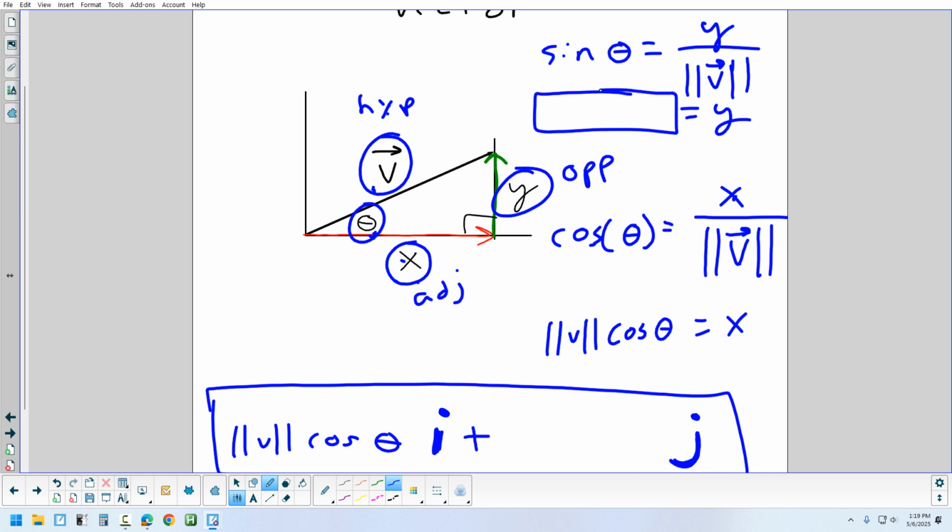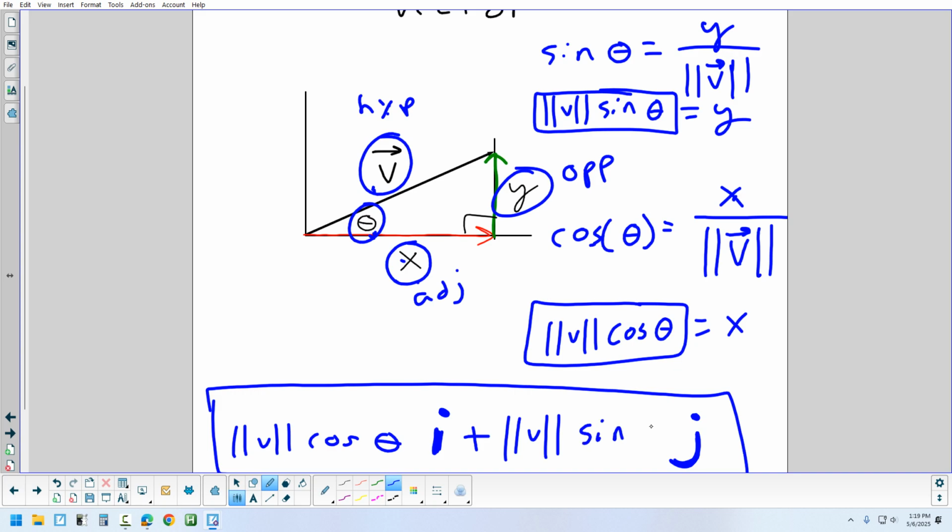Okay. So now, how would you move this magnitude over to the other side? Times it. Yep, times it, just like we did here. So magnitude of V times the sine. That is always the vertical. So magnitude of V times the sine.